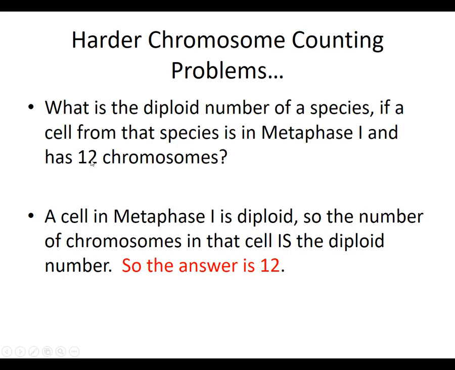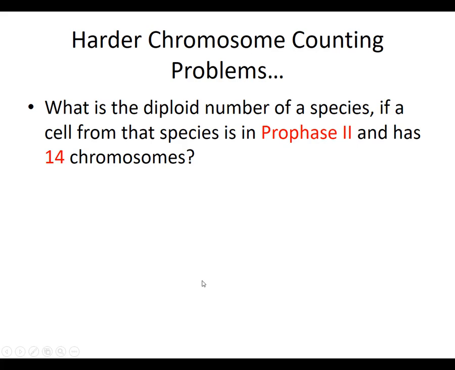Okay? So if they give you the number of chromosomes in a diploid cell, then that is the diploid number, because the definition of diploid number is the number of chromosomes in a diploid cell. Now, what if they give you this question? What's the diploid number of a species if a cell from that species in prophase 2 has 14 chromosomes?